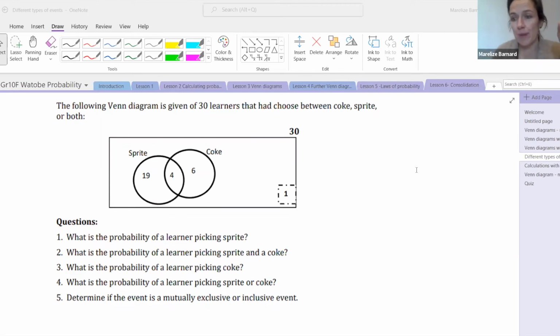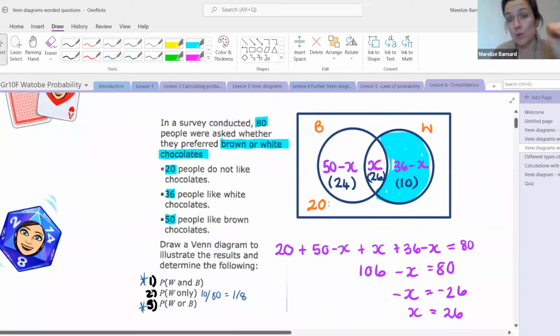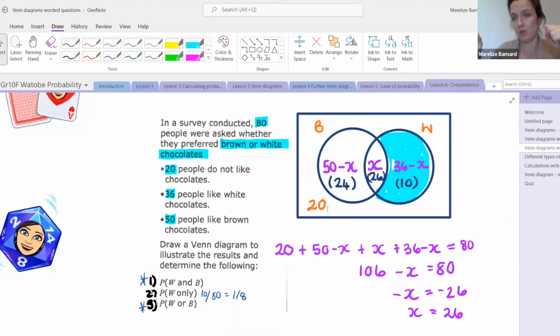So if we go back just briefly, notice we didn't include the 20 people who don't like chocolate. But when we did the calculation, we took everyone who liked brown chocolate, everyone who liked white chocolate, and everyone who liked both, because that covers or. Brown or white. You either like the one or the other, or you like both. That's what or means. Okay. Thank you so much, ma'am.